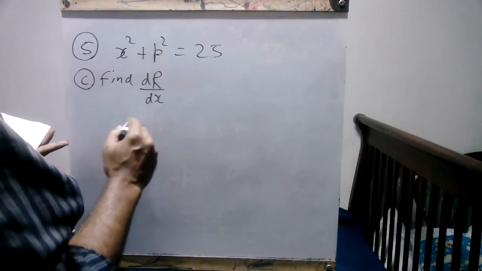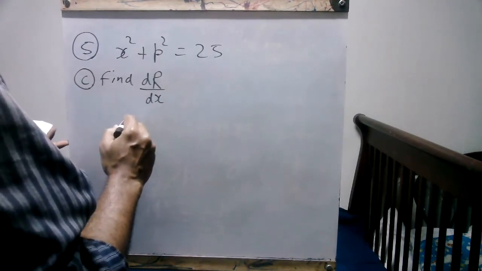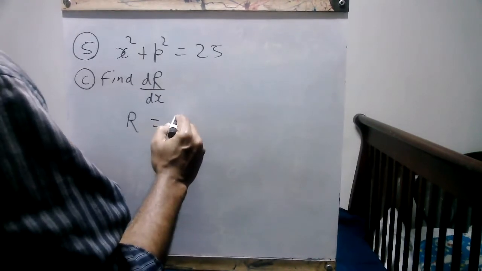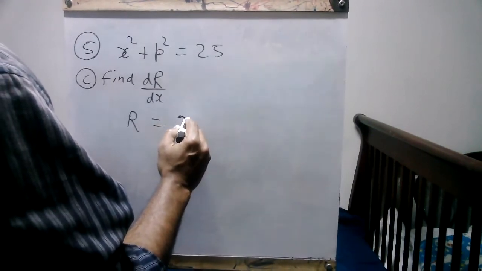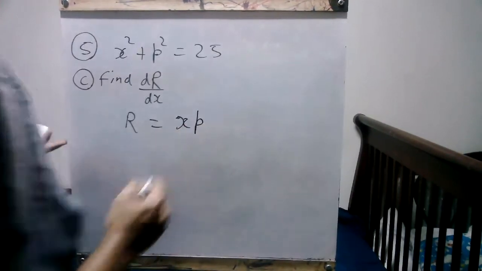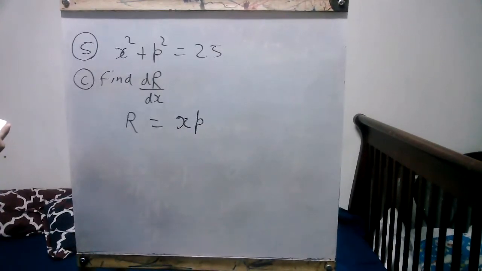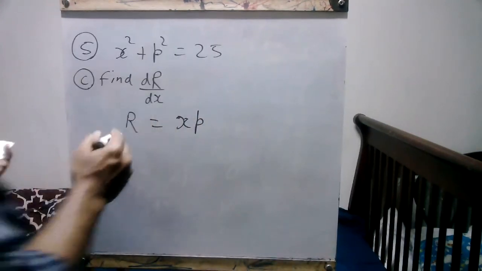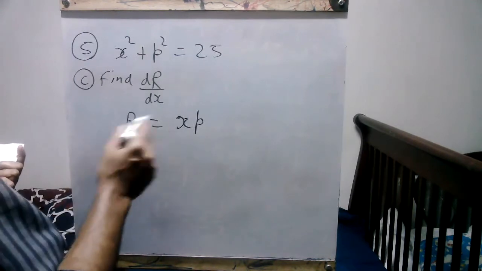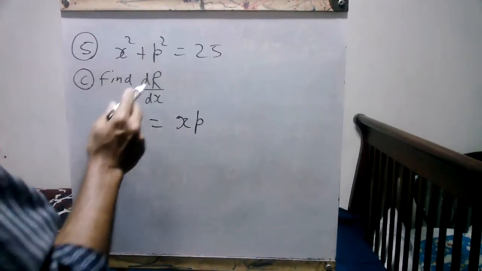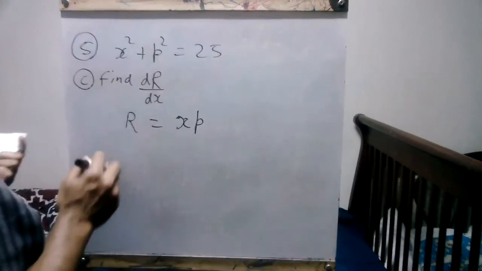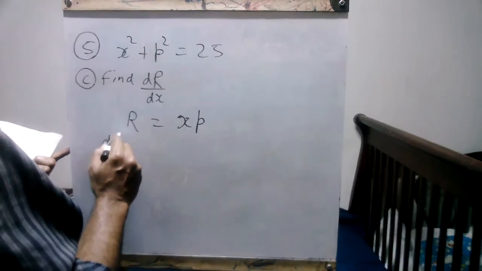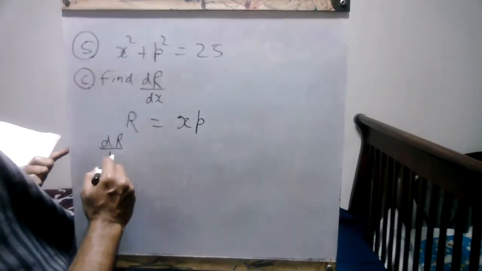We know R equals x times the demand function, x times p, number of items times the price. So let's differentiate R with respect to x.